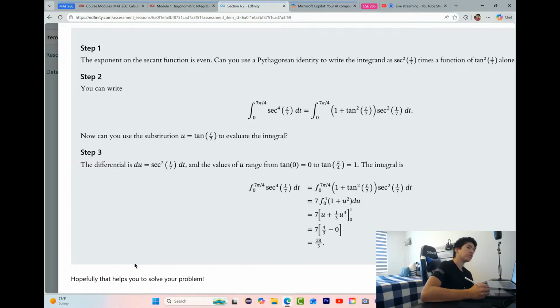what's tangent? Sine of pi/4 is √2/2 over, and cosine of pi/4 is also √2/2. So 1.